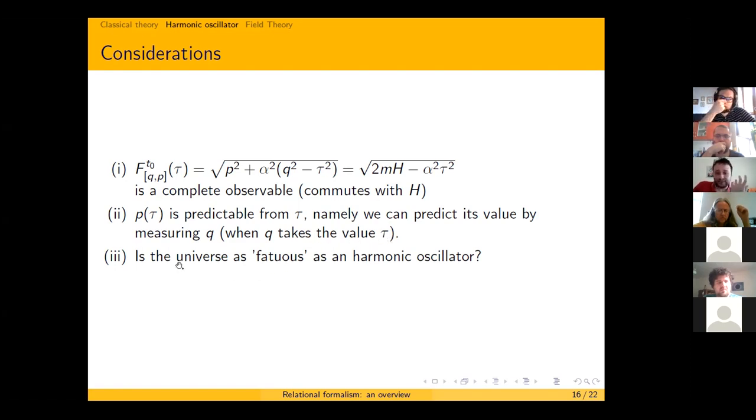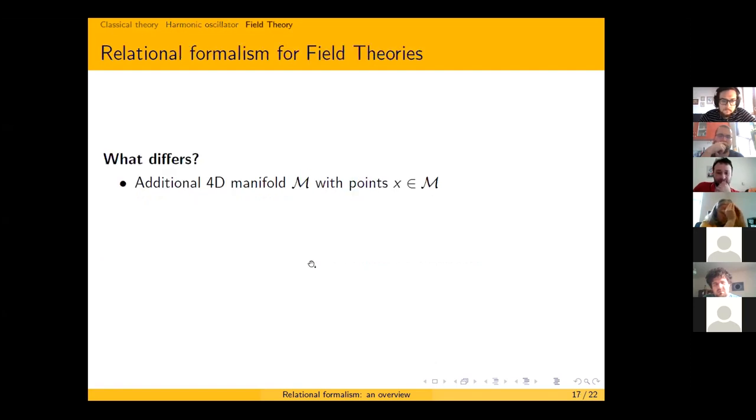And the last, which is much more ironical, of course, is that we know the universe is not as simple as a harmonic oscillator, so it's not silly or pointless to study harmonic oscillators. We also have to extend this formulation to field theories, which describe the world that we know.